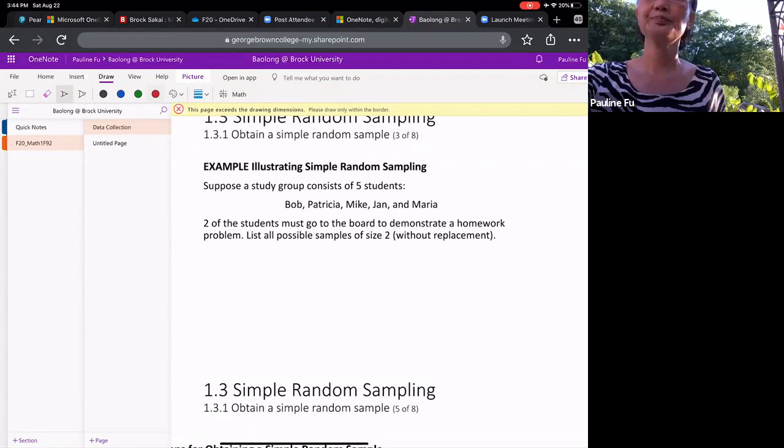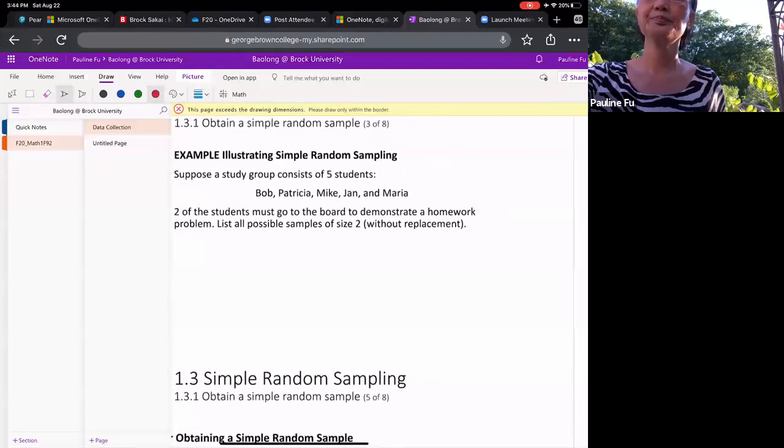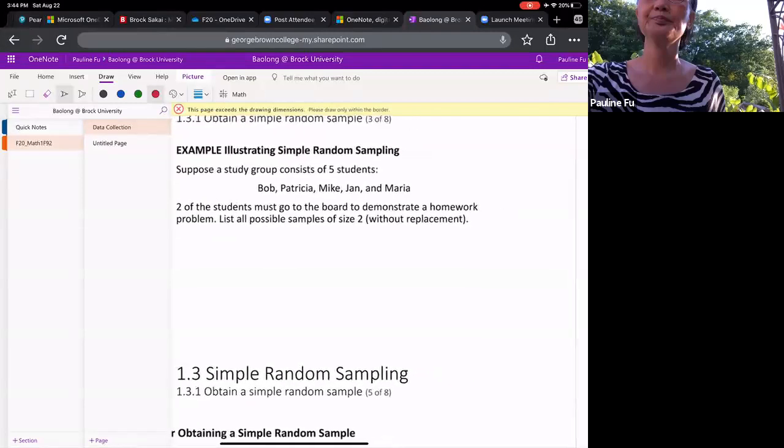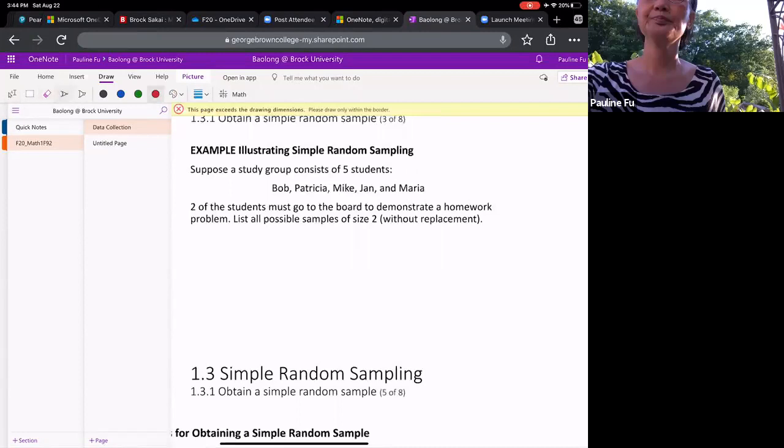Pick 2 students. Okay, so we can pick Bob, Patricia.